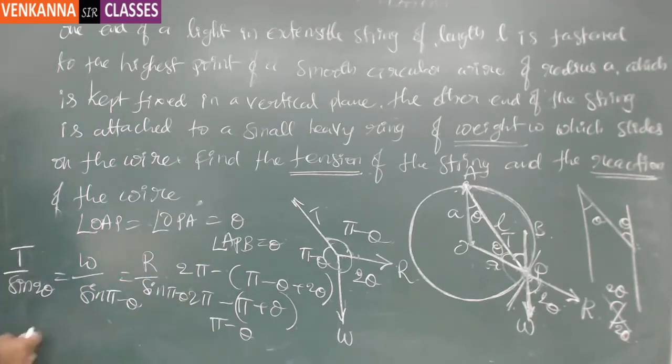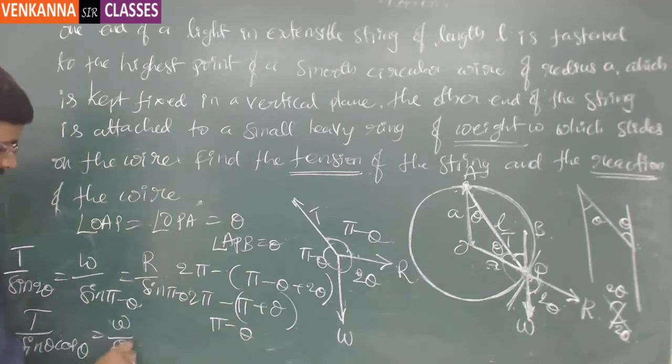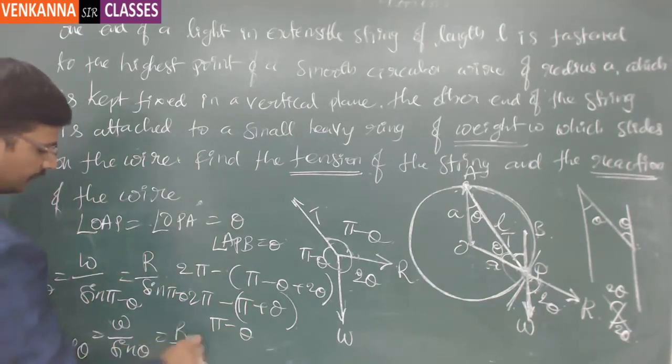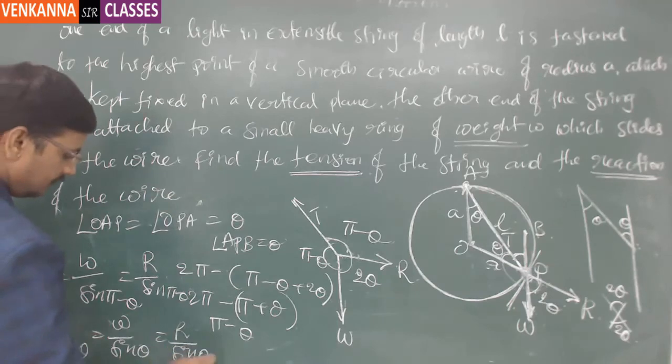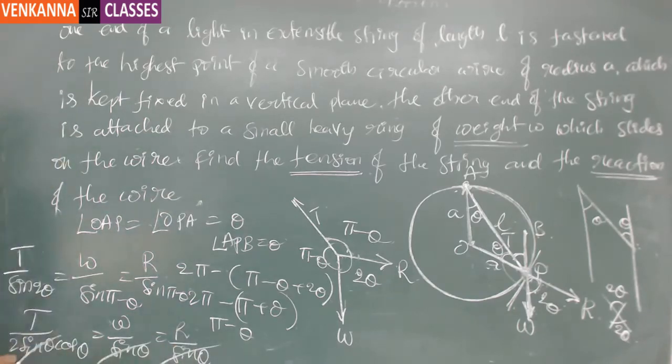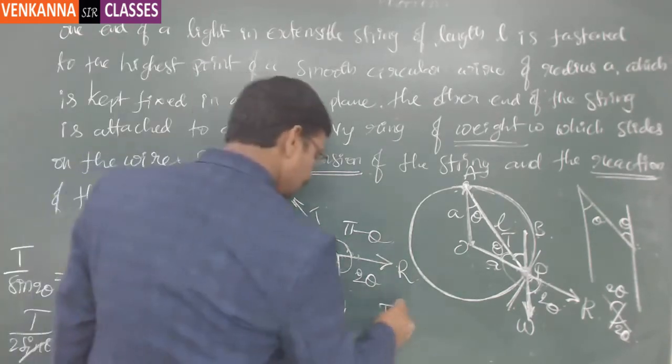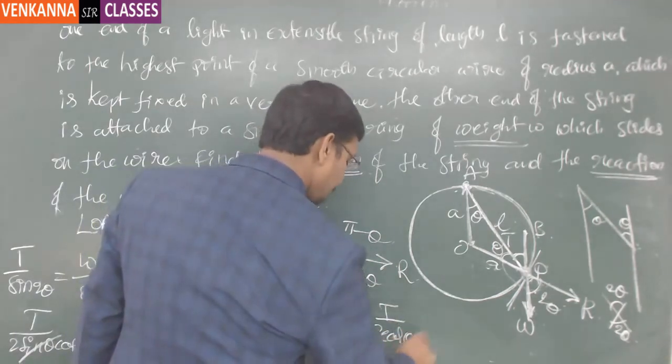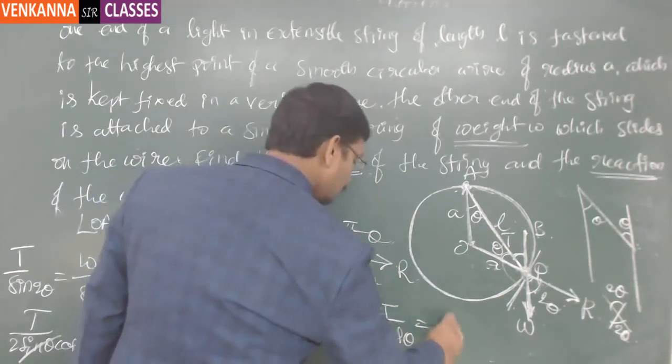So from this, T by 2 sine theta cos theta is equal to W by sine pi minus theta, which is sine theta, is equal to R by again sine pi minus theta, which is sine theta. This sine theta, this sine theta, this sine theta will cancel out. Got it? From this, you can further simplify as T by 2 cos theta is equal to W is equal to R.